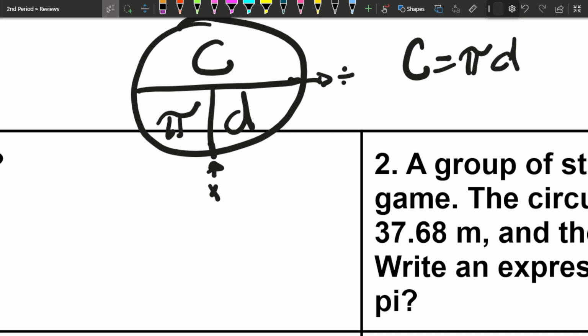But if you want to know any of those things, all we have to do is cover the one that they're asking us for. So in this case, they want to know what pi is. If I cover pi, which is highlighted in blue, I'm left with C and D. And what is C and D doing? Dividing.